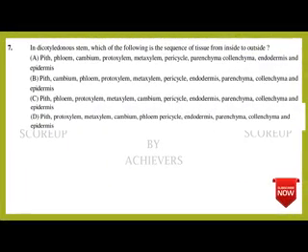In a dicot stem, which of the following is the sequence of tissues from inside to outside? Look at the sequence, inside to outside. You can write pith first.